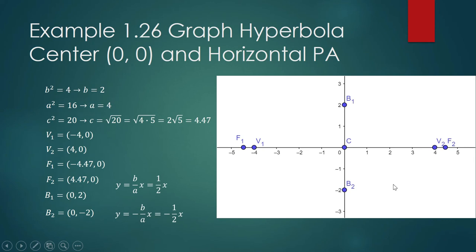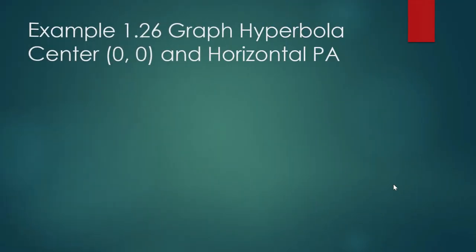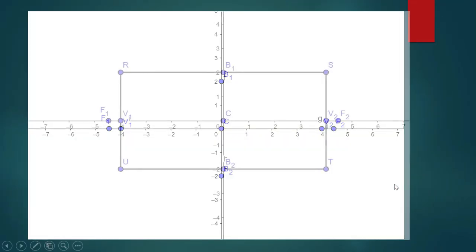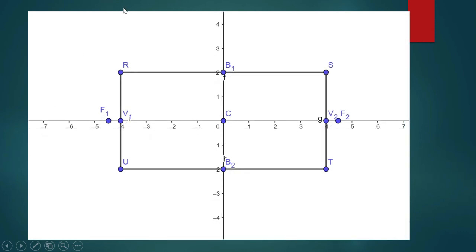Let us show that rectangle. You can draw a perpendicular line through each vertex and a horizontal line through the 2 endpoints of the conjugate axis. It will form a rectangle.